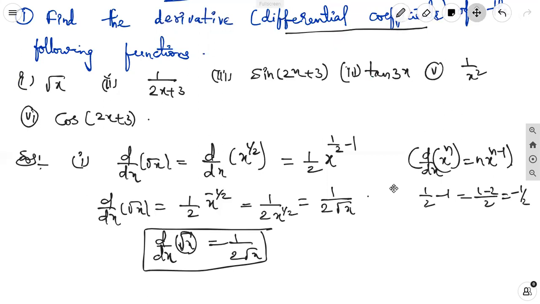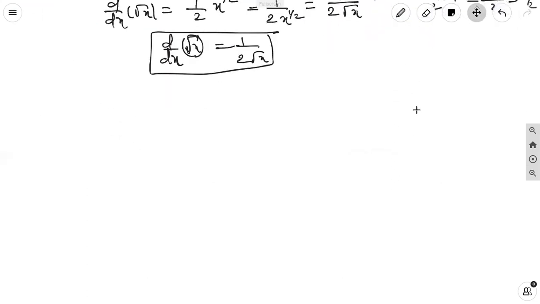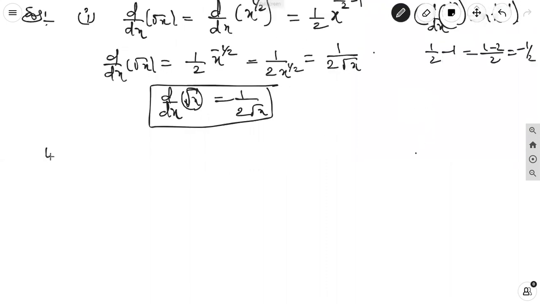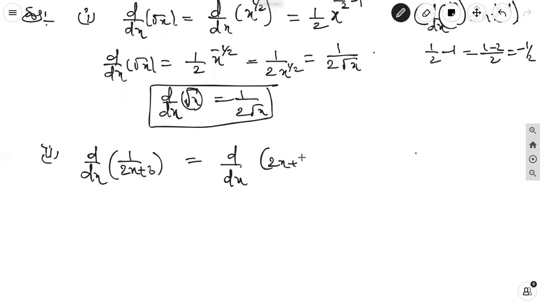Second one, d by dx of 1 by 2x plus 3. It is equal to d by dx of 2x plus 3 whole power minus 1.